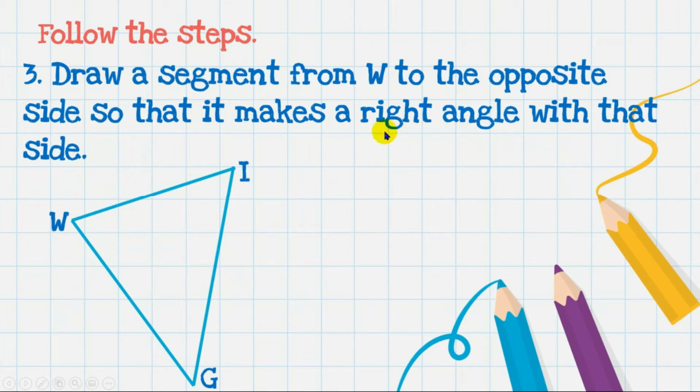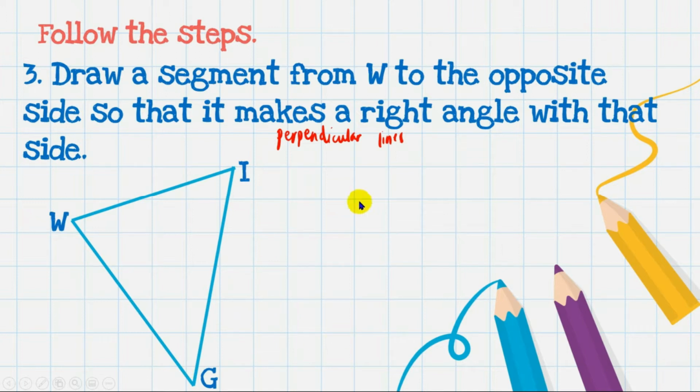And what do we call those lines that intersect and makes a right angle? So, ang tawag natin doon ay perpendicular lines. Again, perpendicular lines. So, yung line segment na idodraw natin, kailangan perpendicular siya dito kay side IG.